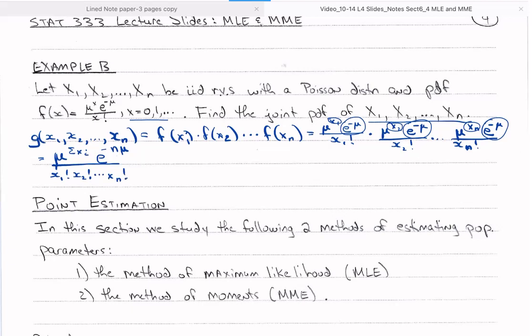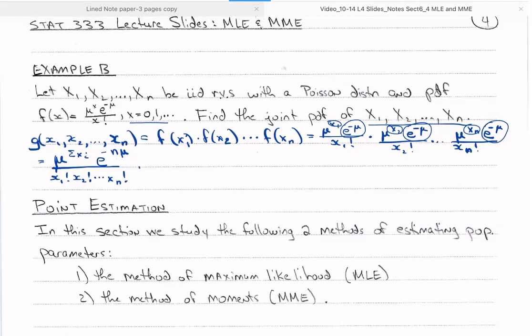And so this is going to be the joint PDF, and we have to say xi equals 0, 1, and so forth for i equals 1, 2, up to n. Don't forget your support of x. Okay, so that is the review, and we will stop here for this first video.